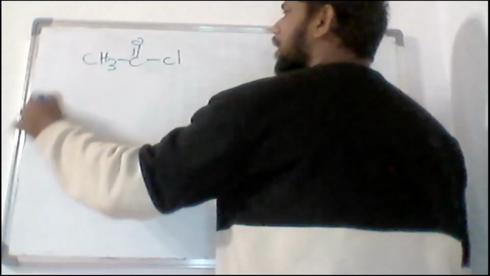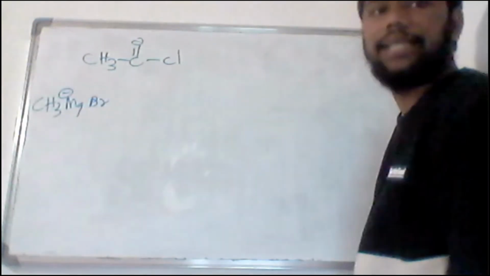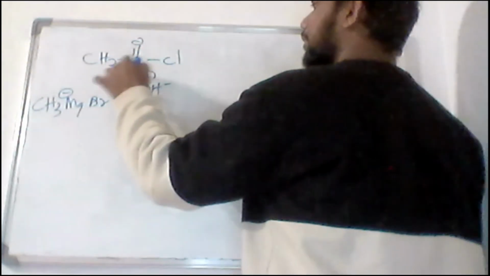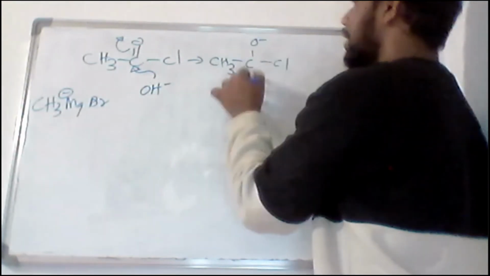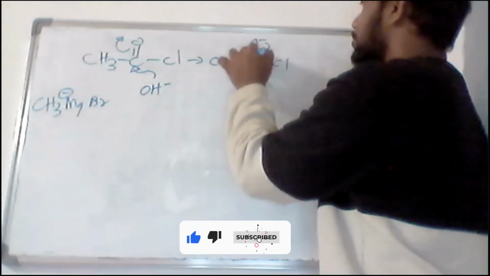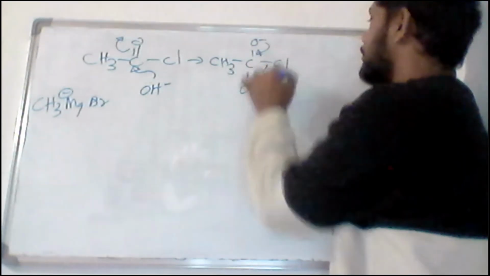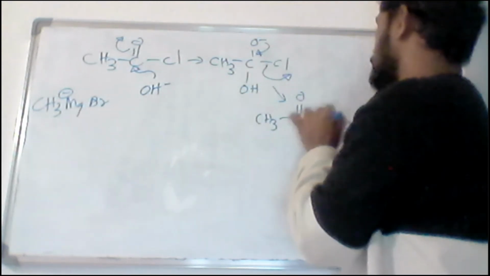In Grignard, we have CH3 minus attacking this carbonyl carbon. Here in sodium hydroxide, we have OH minus. So this OH minus will attack like this, and this one will form like this. So this will be the first step, O minus, Cl, and there will be OH. In the second step, since Cl is a good leaving group, Cl will leave. So you will have CH3COOH.